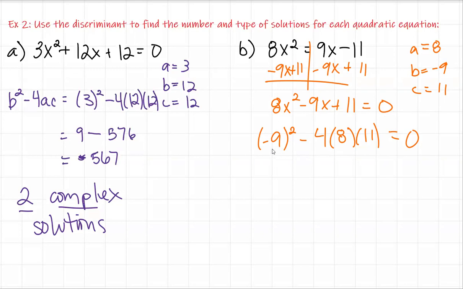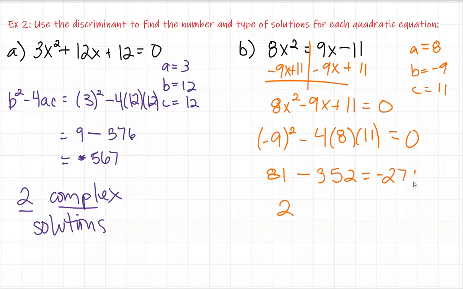-9 squared is 81. Minus 4 times 8 times 11, let's ask the calculator: it's 352. This is going to give us a negative number. 81 minus 352 is -271.